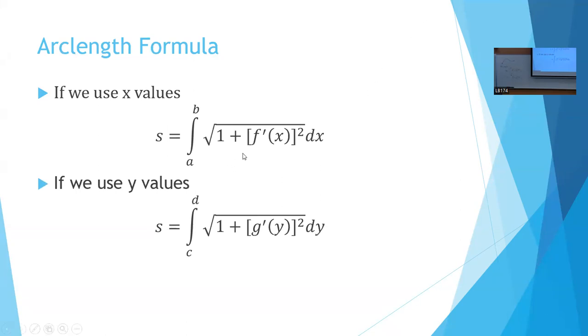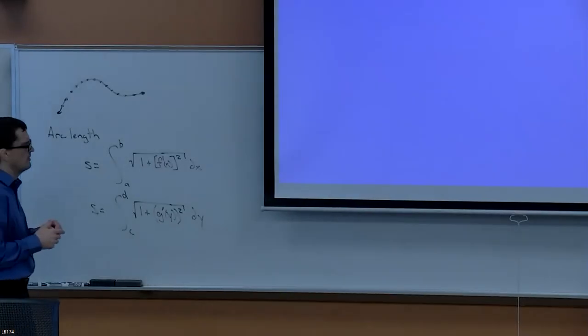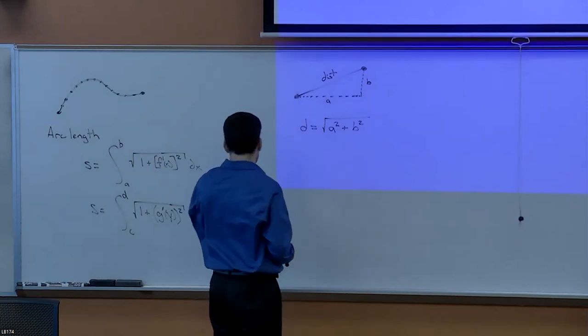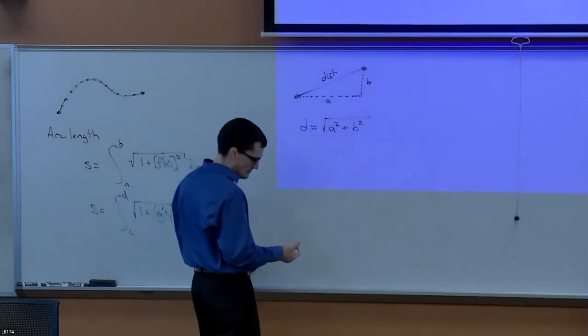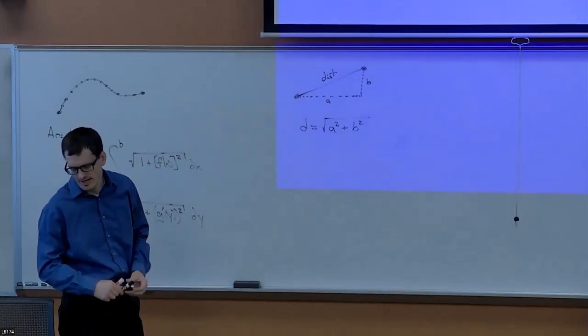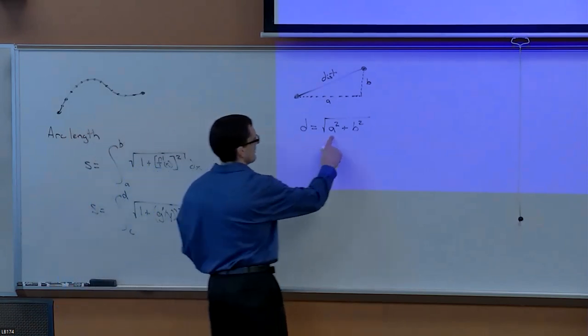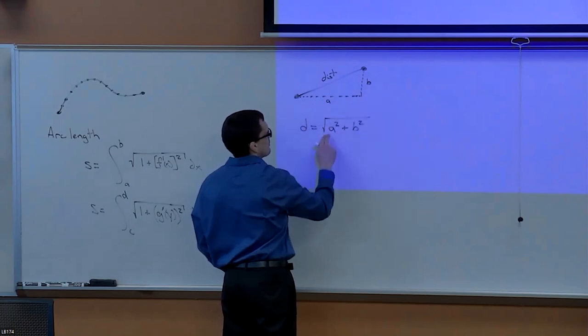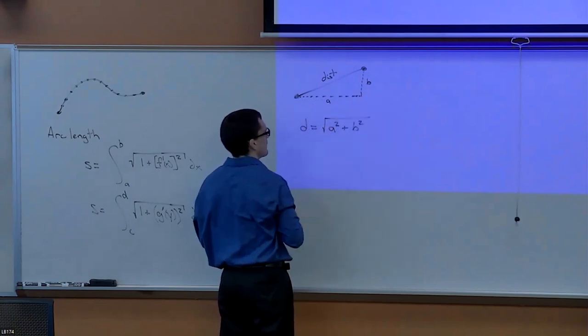Let me show you where the derivative comes out of. Okay? Where the derivative comes out of. Now, in order to do this, I'm going to do a slight rewrite of my distance formula. Here, we said the distance formula is a squared plus b squared.